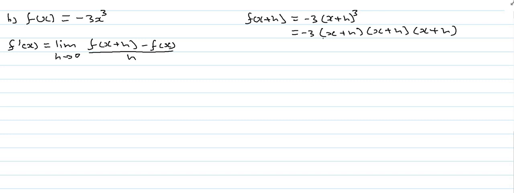Then you can simplify, do binomial by binomial, the first two, then after do the third one. So once you have simplified it, you must get negative 3x cubed minus 9x squared h minus 9xh squared minus 3h cubed.